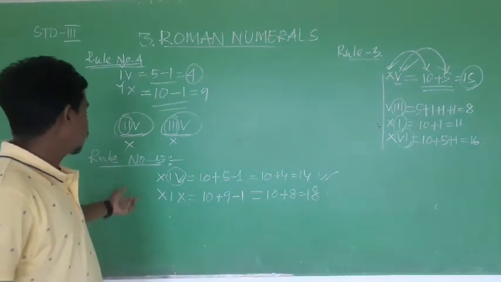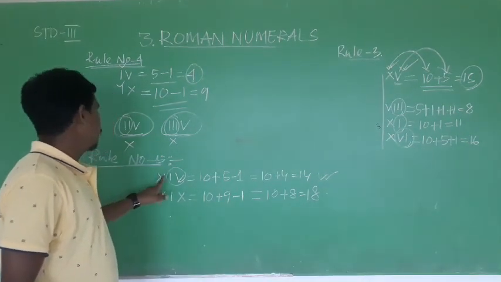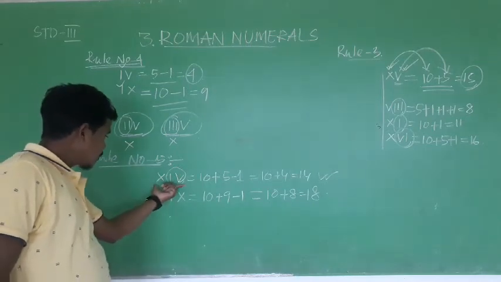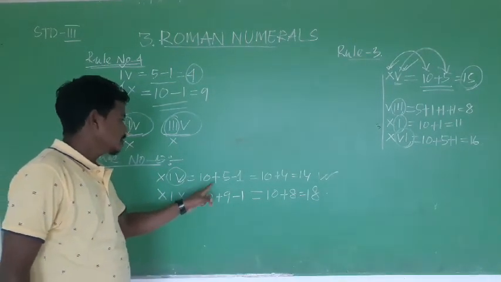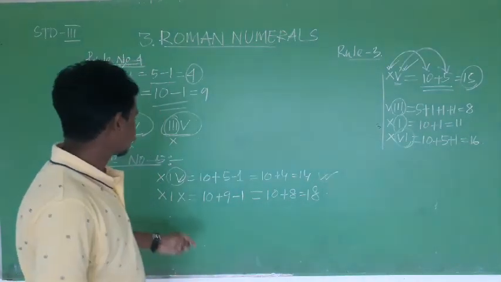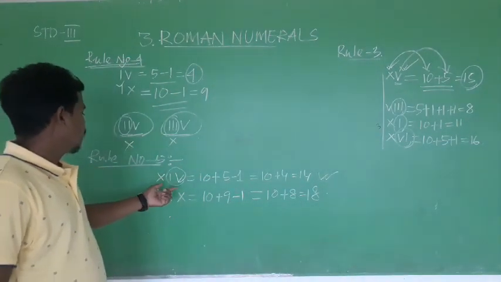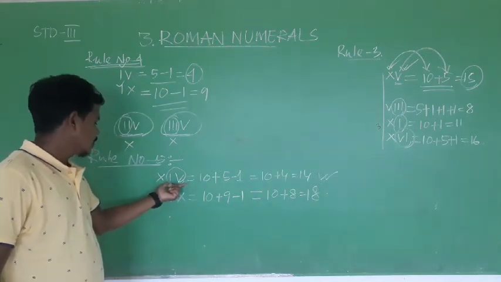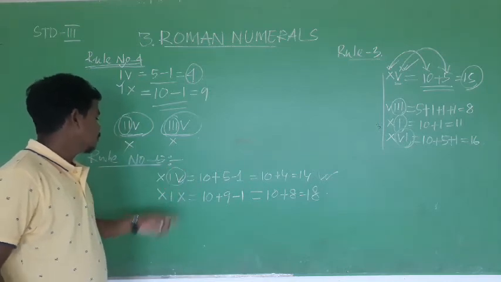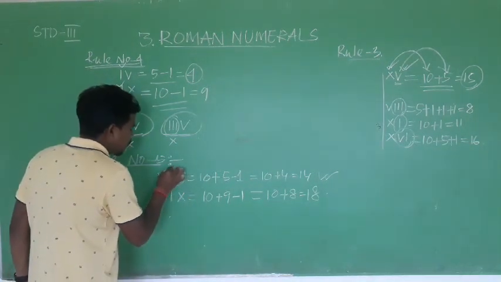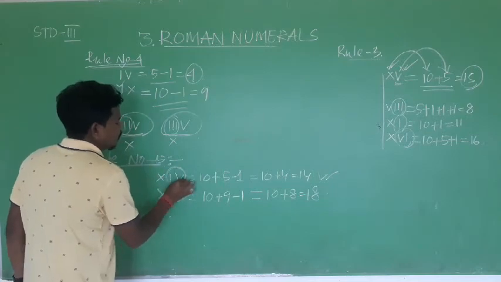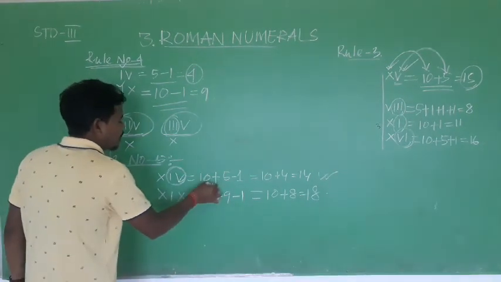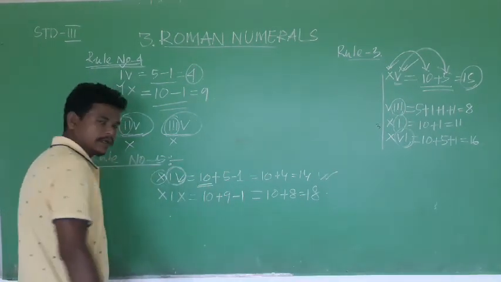So, what did we know here? We know that when a numeral is placed between two numerals of greater value, then the resultant numeral will be the difference of the numeral placed on the right of it, and will be added with the left one or greater one.